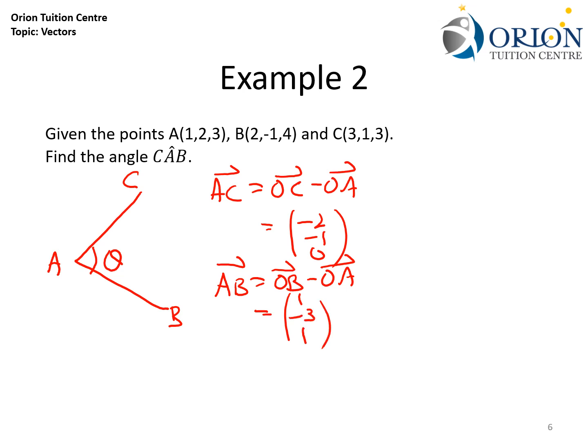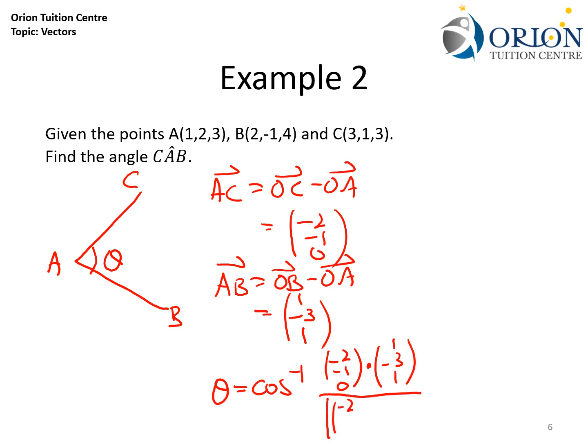Therefore, the angle between them will be theta equals cos inverse of (-2, -1, 0) dot (1, -3, 1) over the modulus of (-2, -1, 0) times the modulus of (1, -3, 1), which equals cos inverse of 1 over square root 5 square root 11.